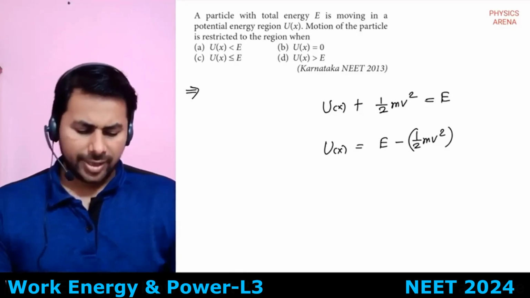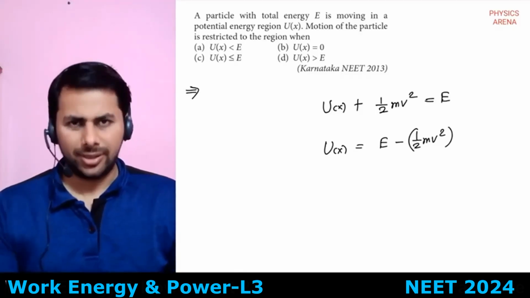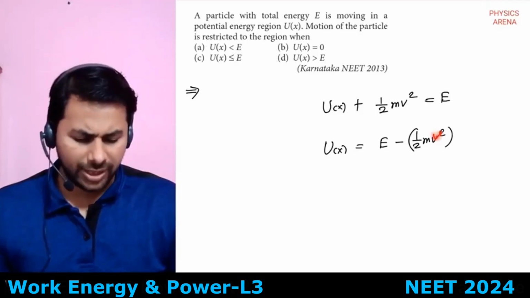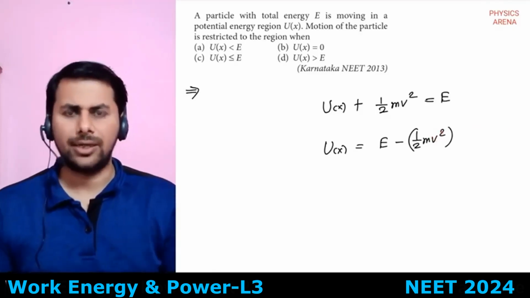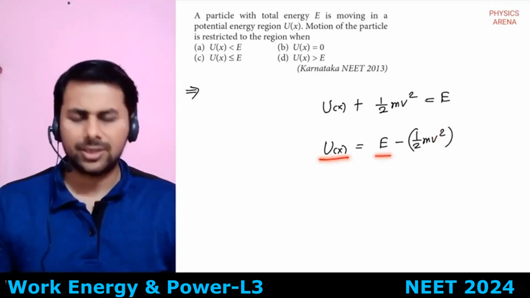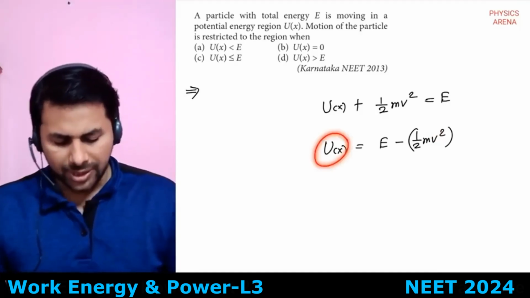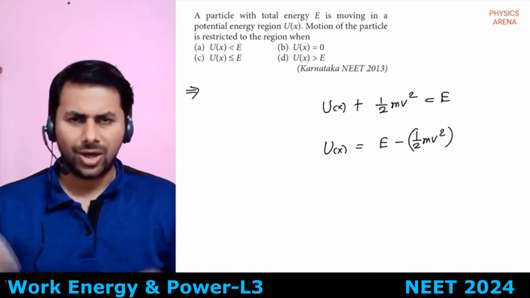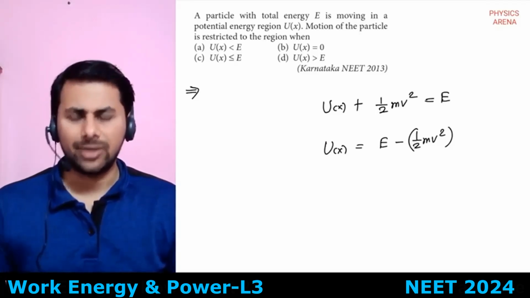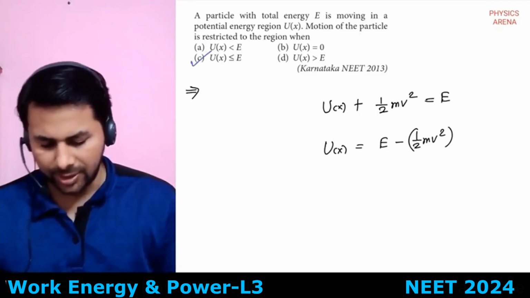At max, it can be equal to E. If v is equal to 0, if there is no kinetic energy, then potential energy is equal to the total energy. So potential energy is either less than E or at max it can be equal to E. So the answer is option C.